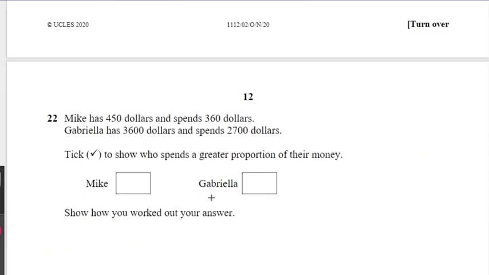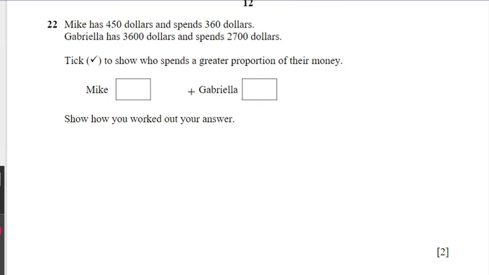Okay, continue. Mike has $450 and spent $360. There's another person here, Gabriela, who has 3,600 and spent 2,700. Tick to show who spends a greater proportion of their money. So again, if you have this type of question, we find the percentage.